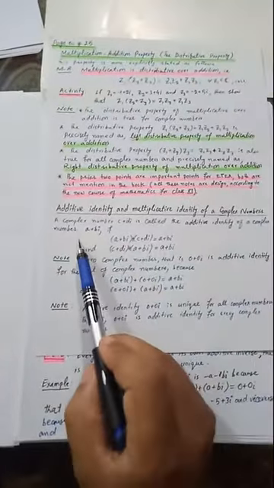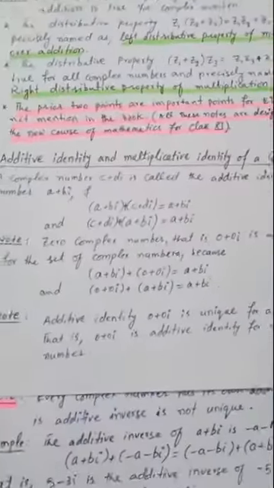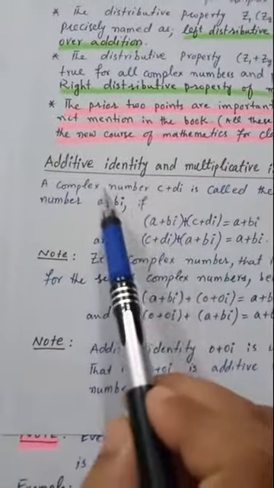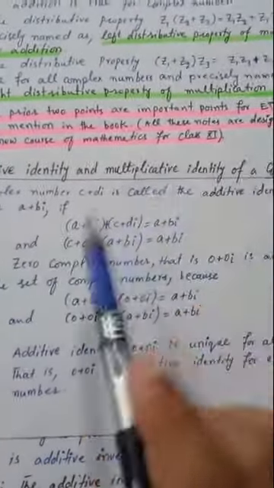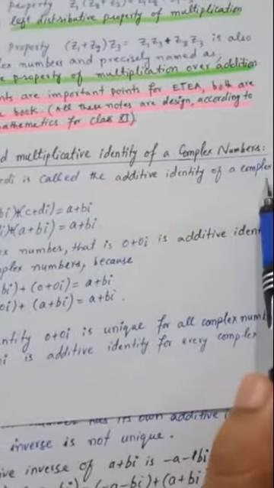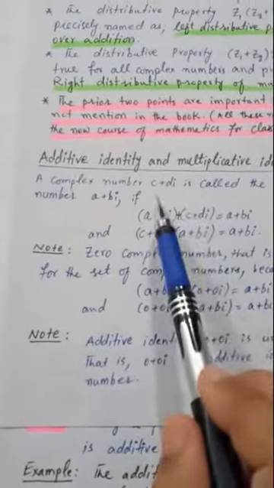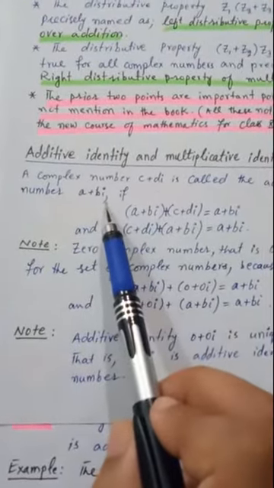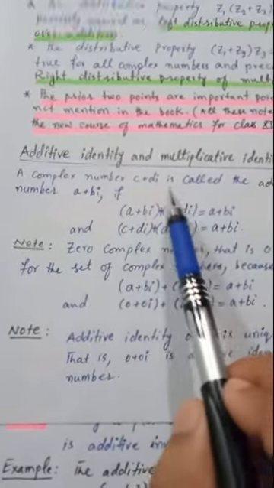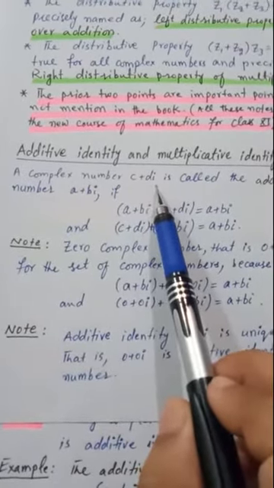Now you see the proper definition: a complex number c plus d iota is called the additive identity of a complex number a plus b iota. So this a plus b iota is your complex number, and you say that c plus d iota is my additive identity.